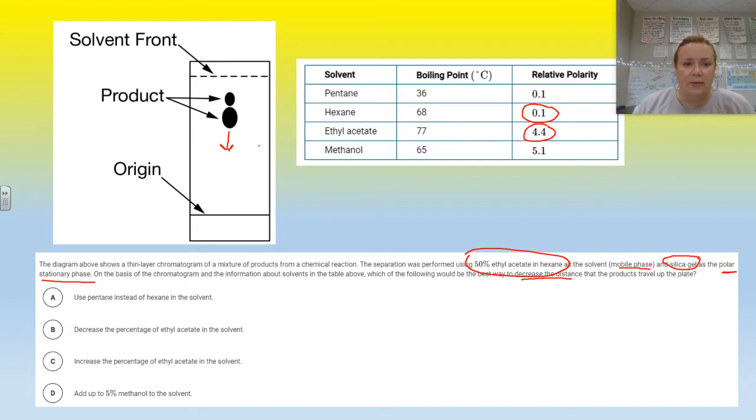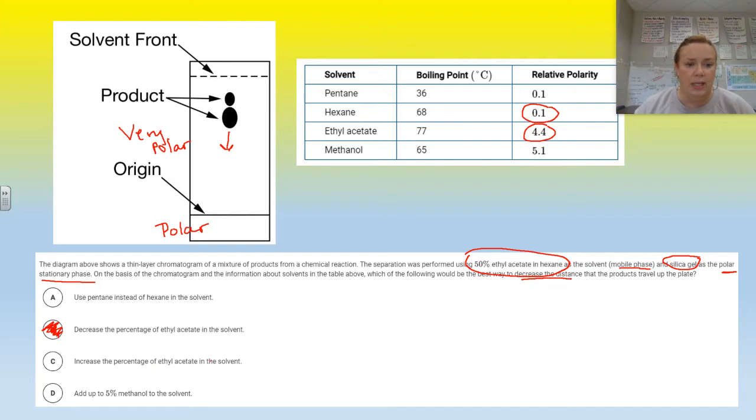So therefore, if we have a lower polarity, because the silica gel is polar, so our stationary phase is polar, and our mobile phase being very polar. Okay, so if we lower the polarity of our mobile phase, then we can get these products to stop down here and have a lower Rf factor. So therefore, what we want to do is decrease the percentage of the ethyl acetate in the solvent.